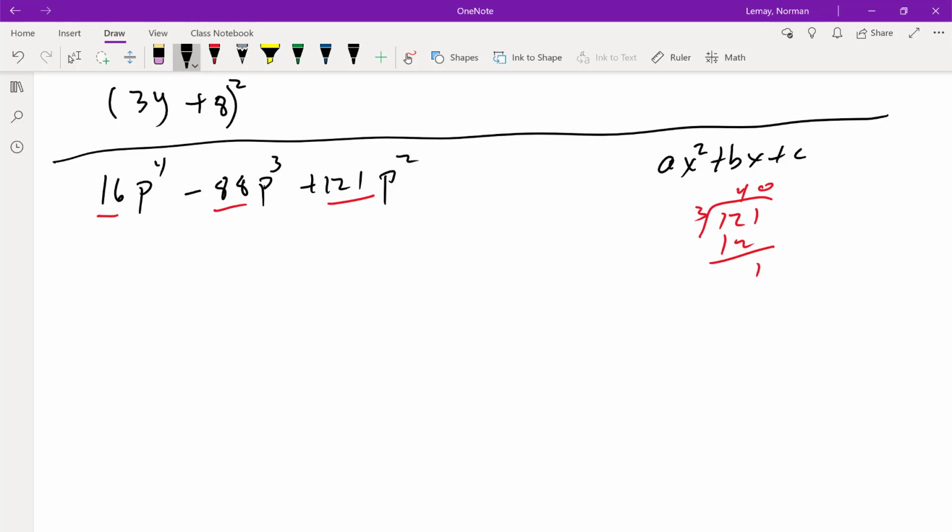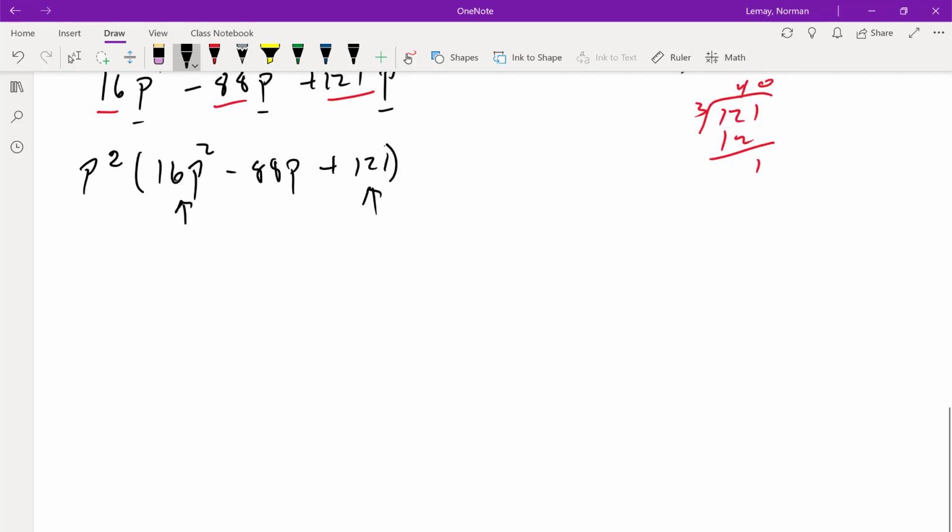But notice on the letters, I got a p to the 4th, p cubed, and a p squared. So let's just note that I can pull out a greatest common factor of p squared. And that leaves me with 16p squared minus 88p plus 121. Okay, so again, looking at this form, one of the things I can do is go back and repeat this process.